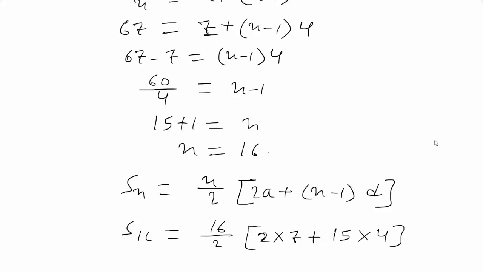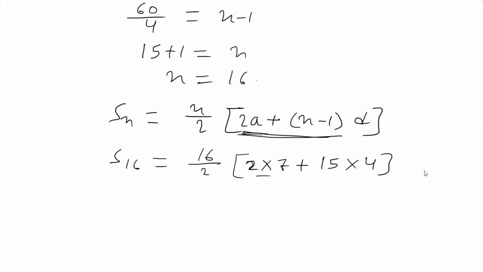So in this bracket we are going to get first term plus last term. Unnecessarily we have written this. Since we know the first and last term, we could have directly written first term plus last term, which means 7 + 67, 74. Now see, if you evaluate this, you are going to get 74. So 8 times, 16 divided by 2 is 8. 8 times 74.